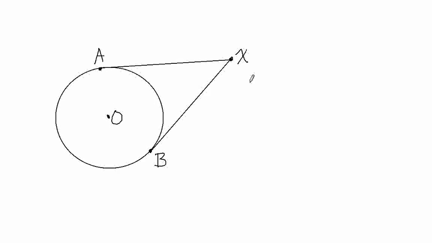All right, so I've drawn a circle with the center at point O, and I've drawn two line segments with a common endpoint and endpoints that are on the circle.